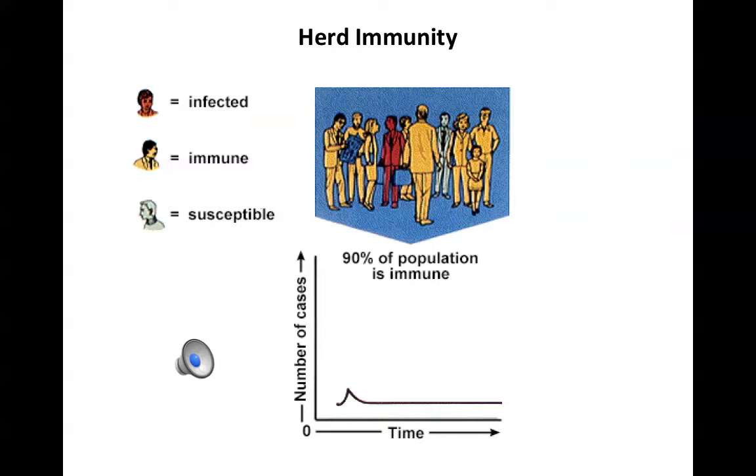Go back through the slides and take a look at the graphs on each page or each slide and notice the distinct difference in number of cases over a period of time when we have 10% versus 50% versus 90% population immunity. There's a huge dramatic difference. The more individuals in a population that are immune, the safer it is for all of us.